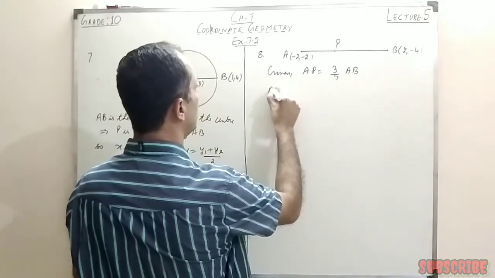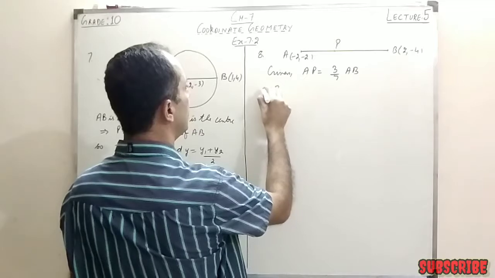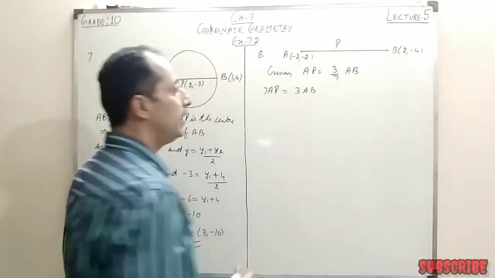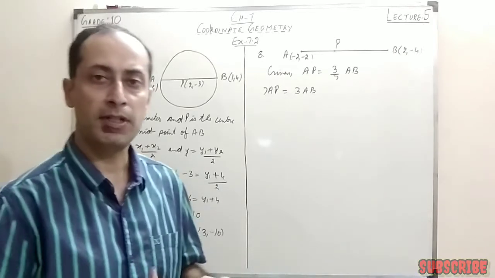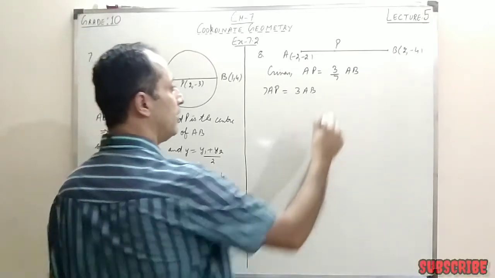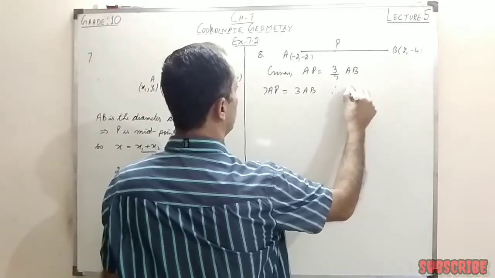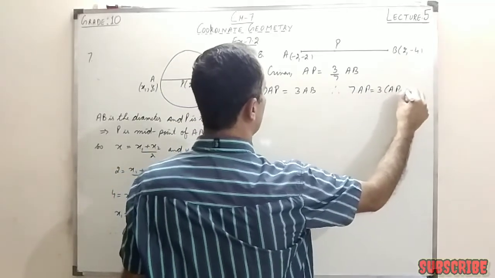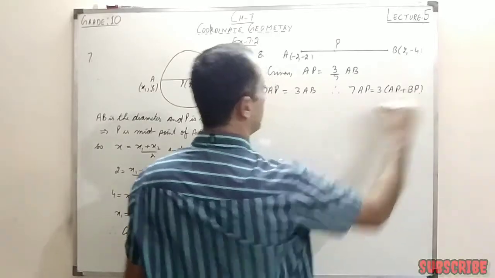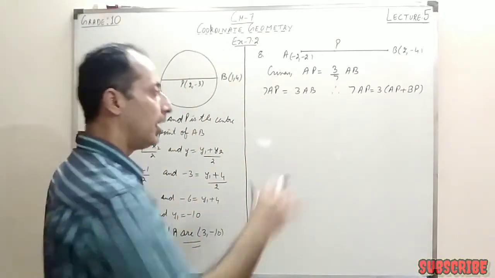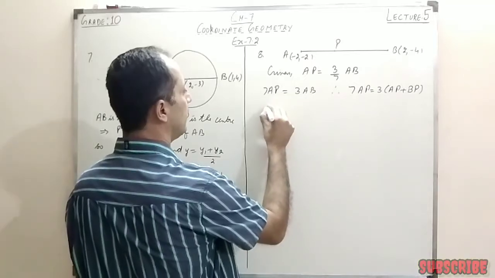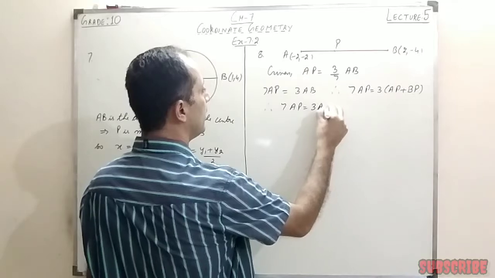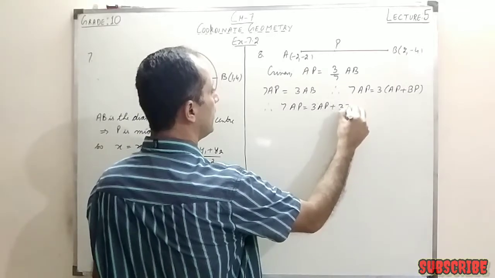Now if I cross multiply, this is 7 AP equal to 3 AB. Now this whole AB can be divided into parts, AP plus BP. So what I can do? This is 7 AP equals 3 into (AP plus BP), right? Multiply it inside. So this is 7 AP equals 3 AP plus 3 BP.